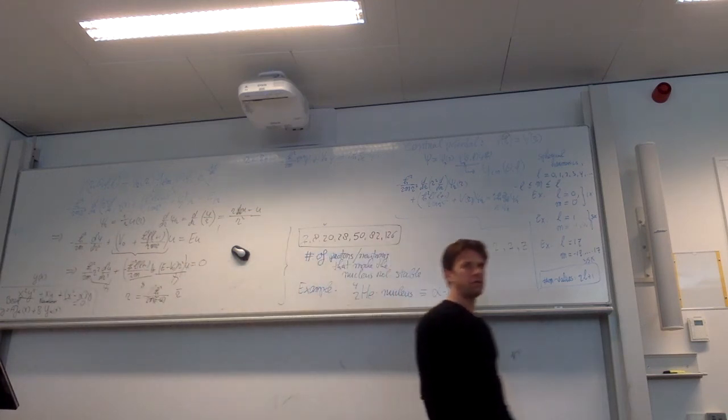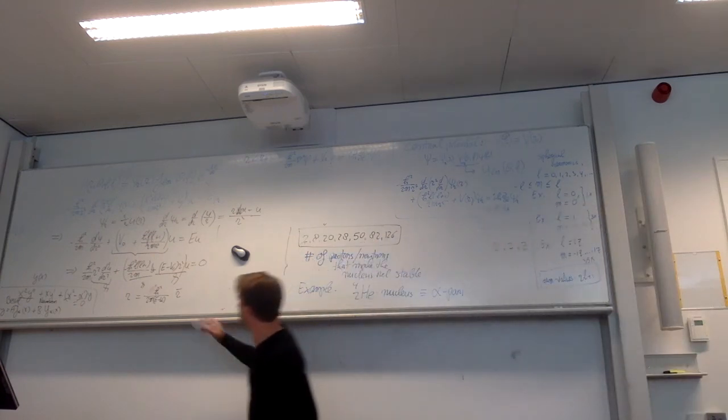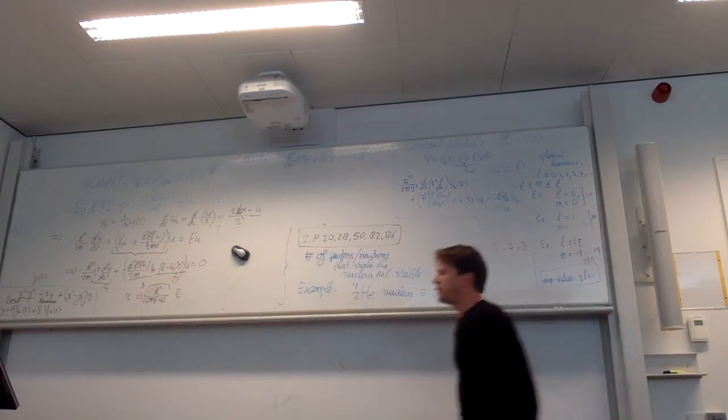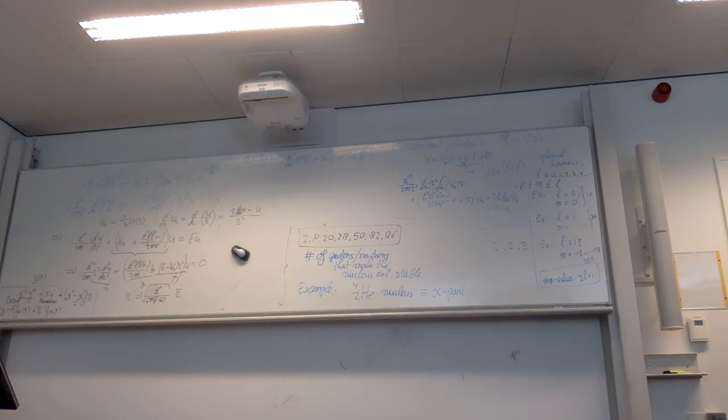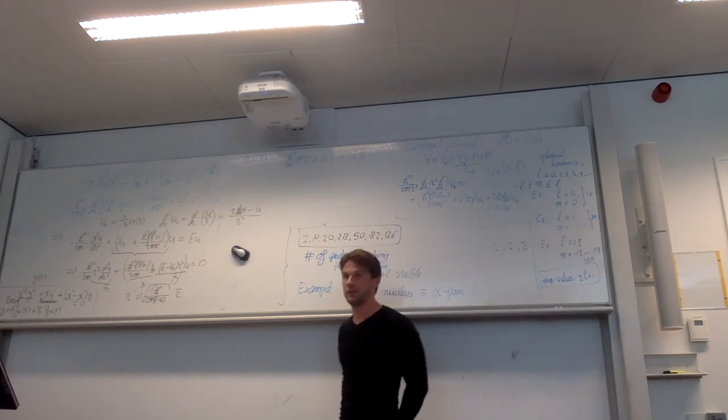I decided to replace my r by this r bar, and the r bar is defined as this square root. I hope you can see why I do this. It's mathematically allowed, but there's a reason.